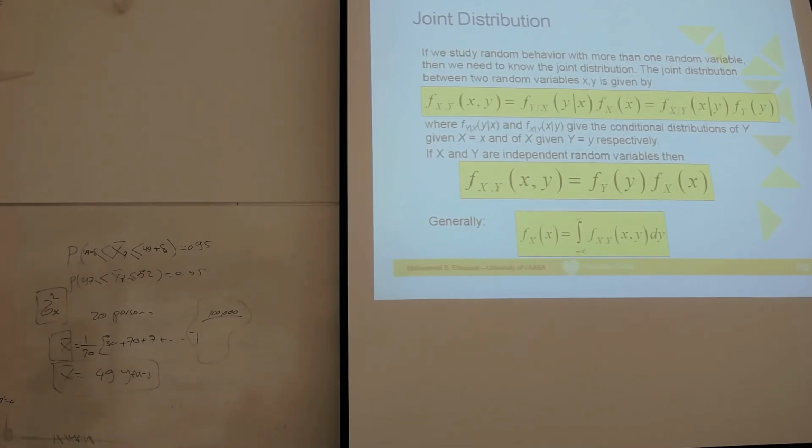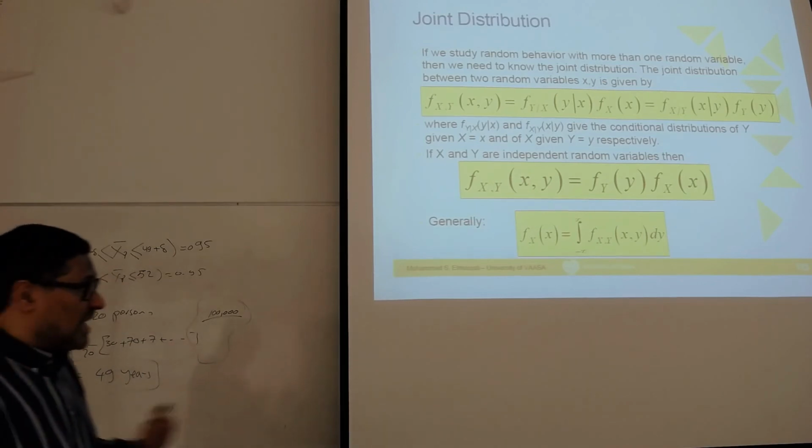Joint distribution. A joint distribution here is very similar to what we saw about the discrete probabilities, but here we have the continuous case. So here the joint probability density function between 2 random variables x and y, f of x and y, has the same concept: it is f of y given x multiplied by f of x, and they are simply multiplied together in case that x and y are independent.